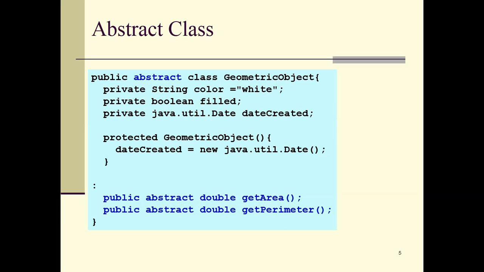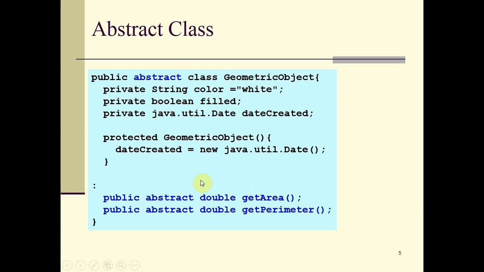It is called a signature, or in some books a method header. So only the method header, only the signature, no implementation. If you have a class with only a method header, this class becomes an abstract class.